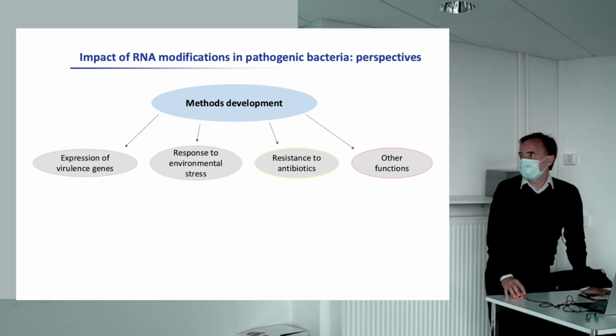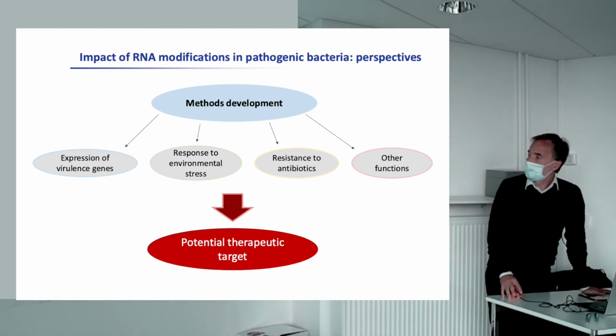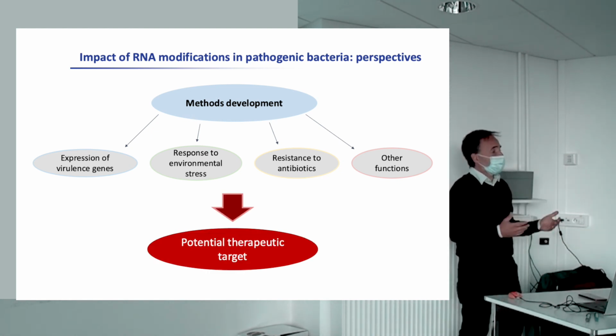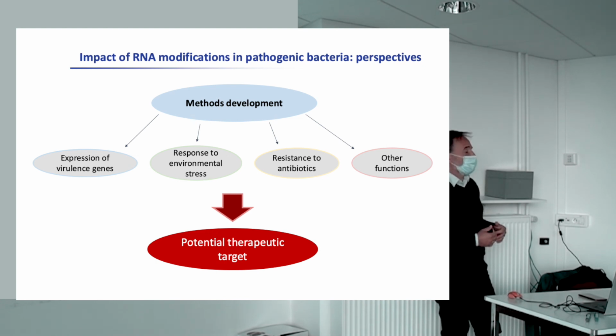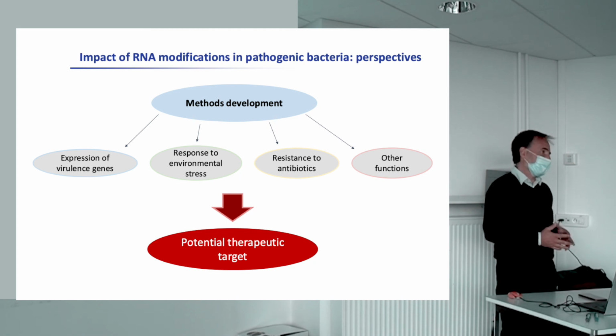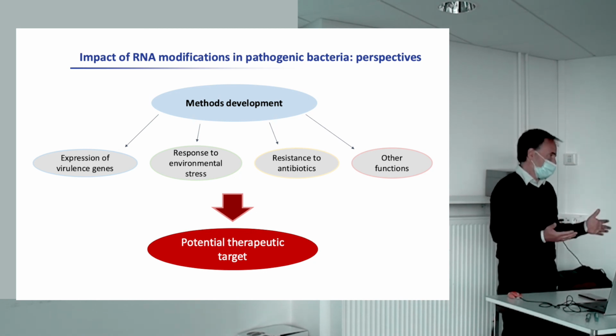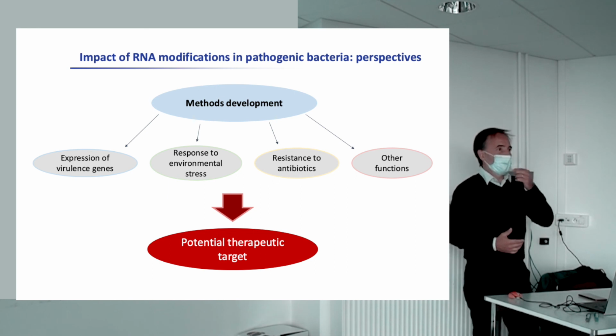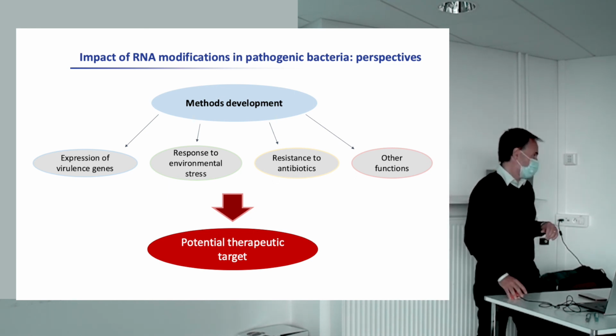Okay, so here I gave you some examples of the expression of virulence genes, the response to stress, and antibiotic resistance, but we will probably also discover other functions of this modification in pathogenic bacteria. And on top of that, this is also opening a new field, because these modification enzymes may be the target of new antibiotics or new molecules that can cooperate with existing antibiotics.